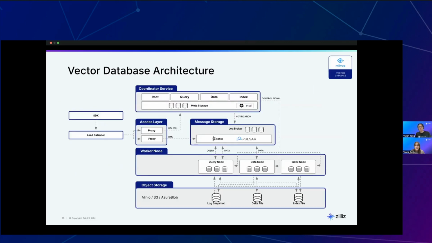So what does a vector database look like? A vector database is basically a purpose-built database for doing vector search. One thing very specific to vector search is that you're going to be doing a lot of computations, because vector similarity requires computations to compare the vectors.